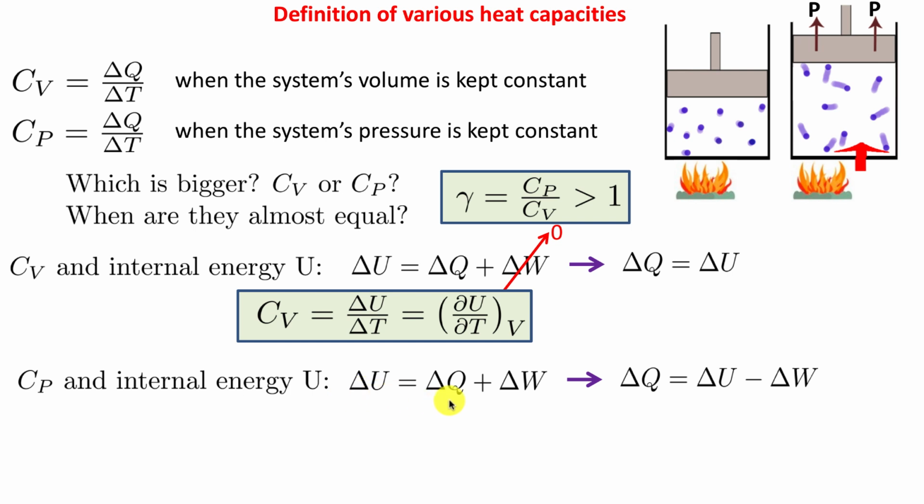Here, again, it is the first law of thermodynamics, and that says that delta Q is equal to delta U minus delta W. Remember that delta W is the work done on the system, not by the system, but the work that you did, not what the system did.